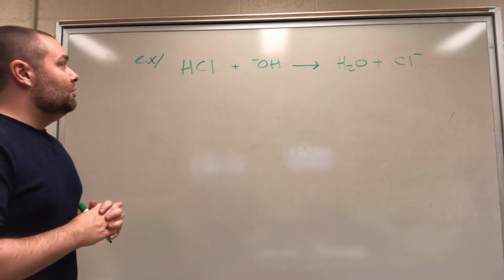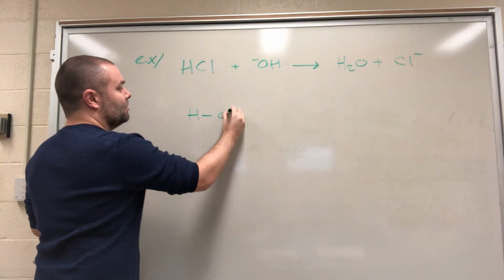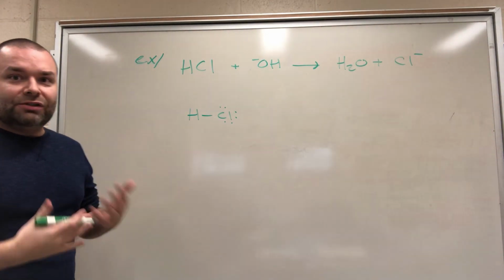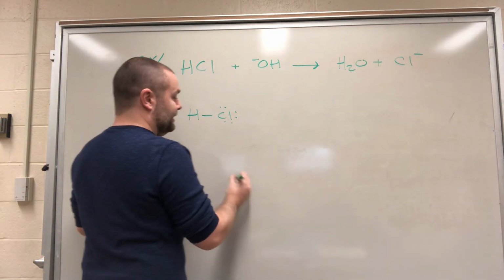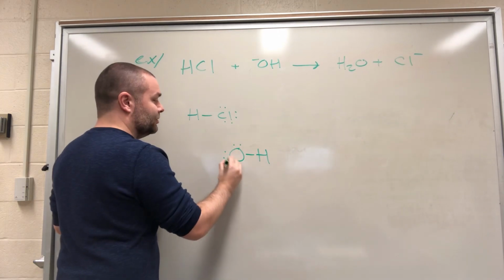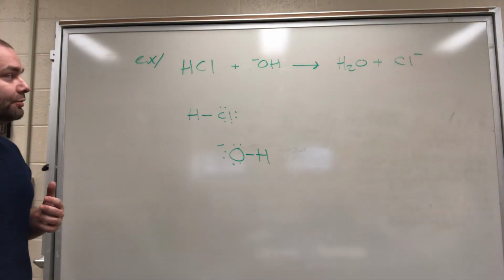Okay, so let's take a look at some Lewis structures here. HCl is a pretty simple Lewis structure, and the Lewis structure is the geometry. We just have this linear structure that we're analyzing. OH minus is also a linear structure, and I'm going to draw it down here, and then we're going to talk about the different things that it could do. All right, so here's OH minus and its Lewis structure.